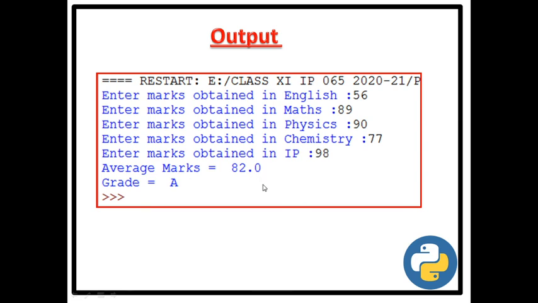Average marks, if it is 90 to 100, it gives A plus, 75 to 90 A, and 60 to 75 B, 45 to 60 C, 33 to 45 D, and below 33 E. So that's all about this practical about this program.